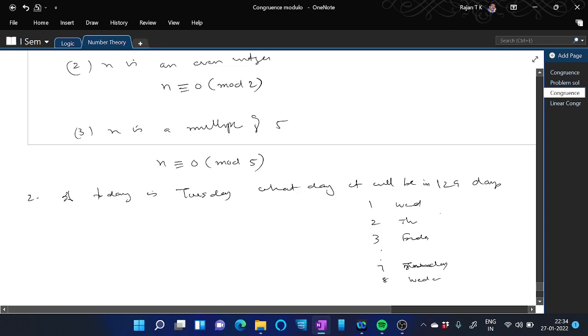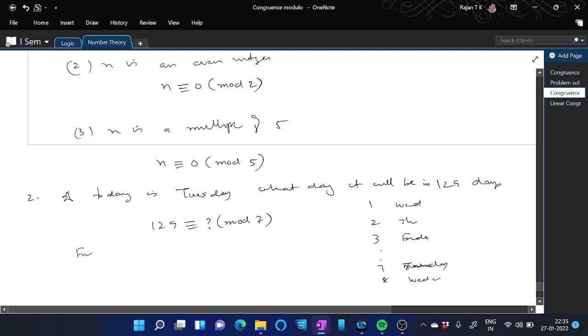This shows that to find the day after 129 days, it is concerned with congruence modulo 7, because after 7 days the day repeats. So to find the day, you have to find 129 modulo 7, that is, the least residue of 129 modulo 7.